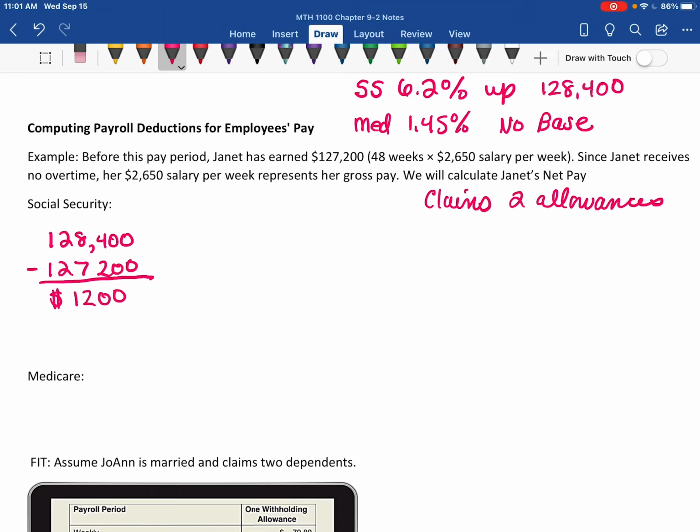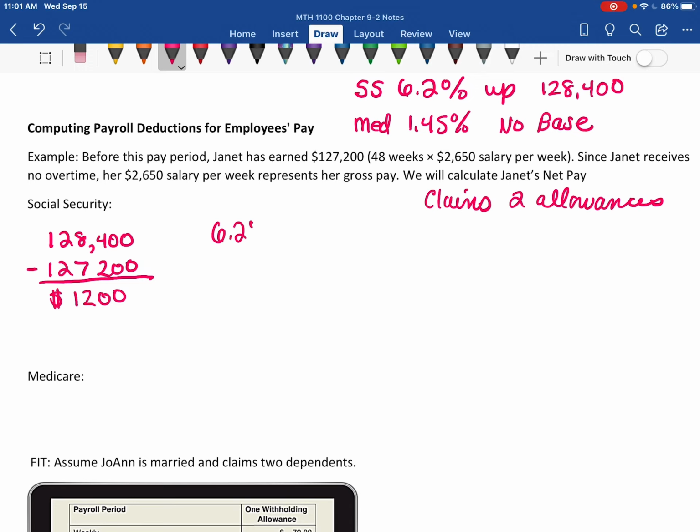Since she's getting paid this week $2,650, that $1,200 is covered in her weekly salary. So I'm going to take 6.2% of what's left of her base to figure out what she owes for Social Security.